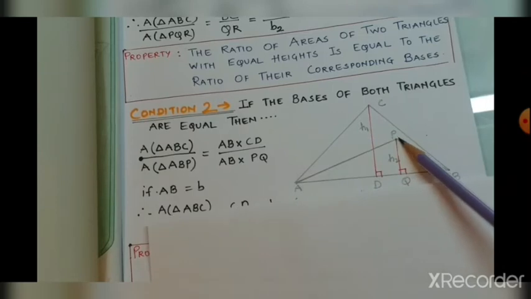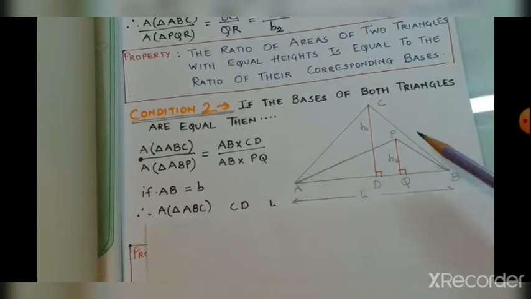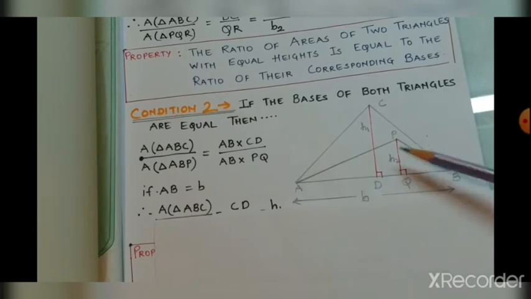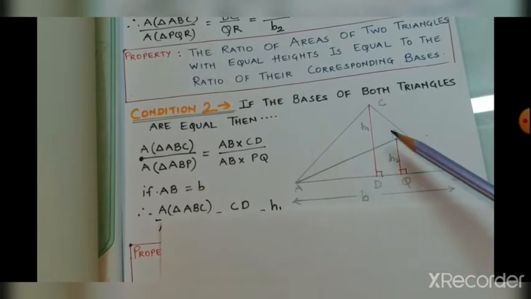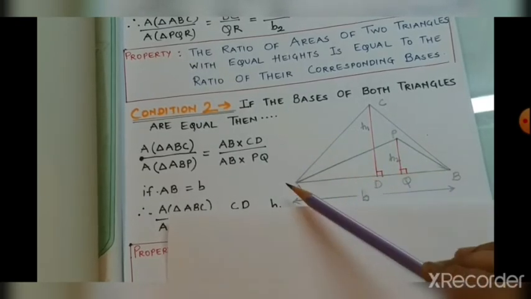And for the second triangle, triangle PAB, the base is AB and the height is the perpendicular height drawn on the base, that is PQ, which is given as H2. Now if you observe these both the triangles, triangle CAB and triangle PAB, the bases are same. Can you see here?